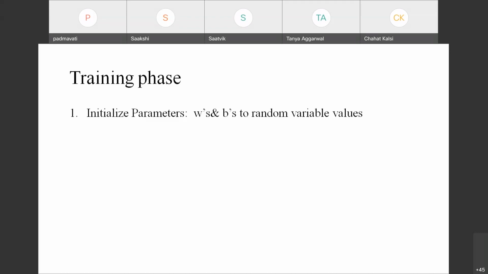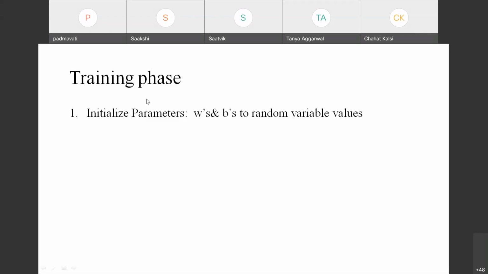Directly, I would use these weights on my data set and compute the result. As we do not know the weight values, what are we trying to do in the training phase? We are trying to learn, or at least reach the actual values of W and B's.